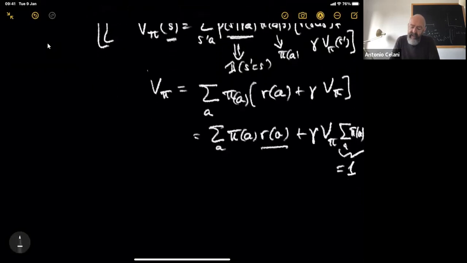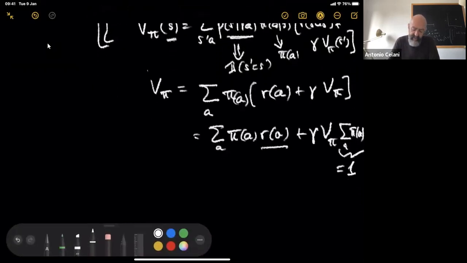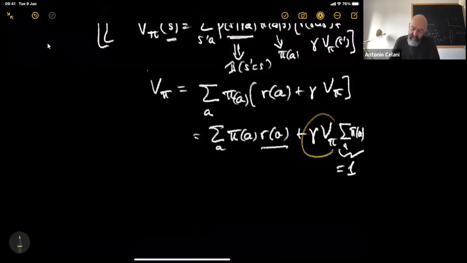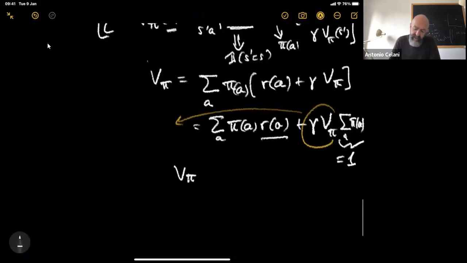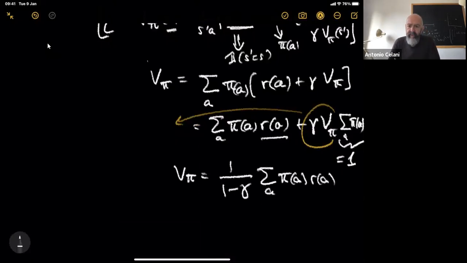So you see, I can take this term and move it to the left-hand side. And if I do that, I get that v pi is equal to 1 over 1 minus gamma times the sum over a. So you see that whatever gamma I choose, I always get a value which is proportional to the value with gamma equals 0.